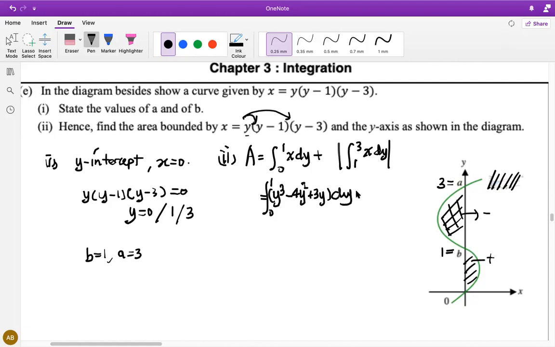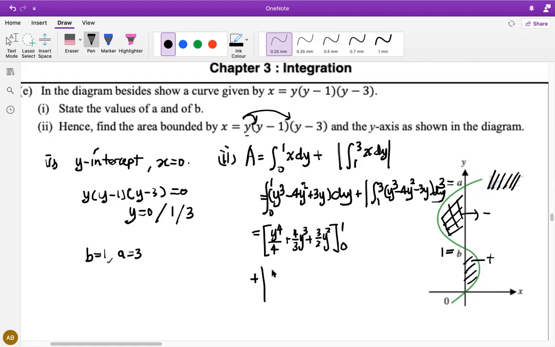Okay, and then this one. All right, so you can do it by yourself. So you get y to the power 4 over 4 minus 4 over 3 y cubed plus 3 over 2 y squared from 0 to 1, and then you plus modulus of the same from 1 to 3.